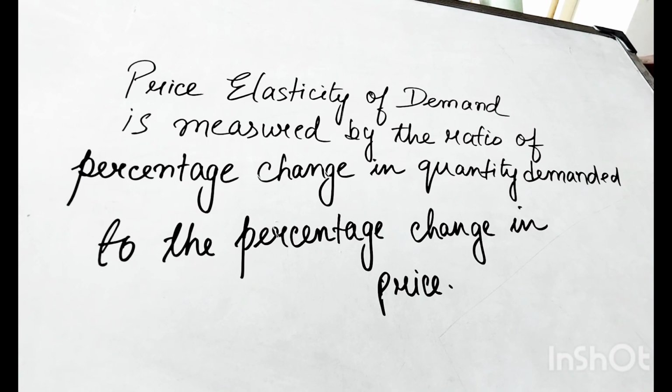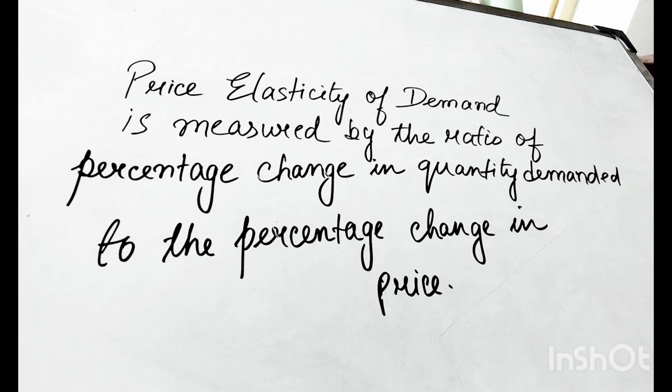See, price elasticity of demand is measured by the ratio of percentage change in quantity demanded to the percentage change in the price. This is called the percentage or the proportionate method.